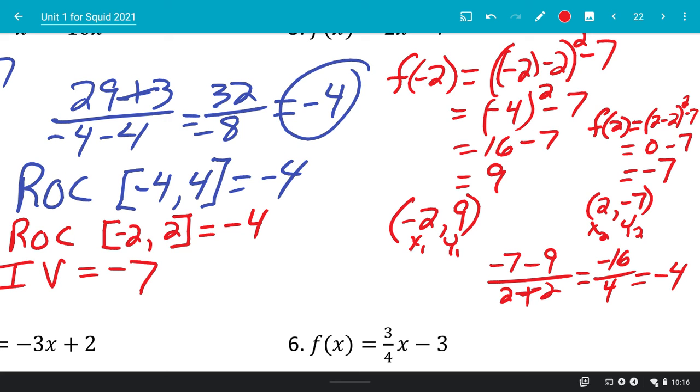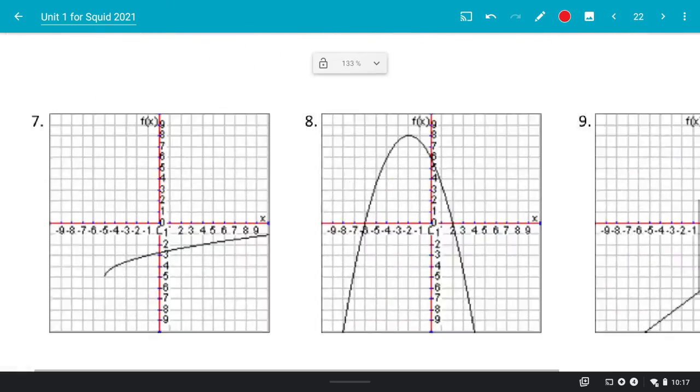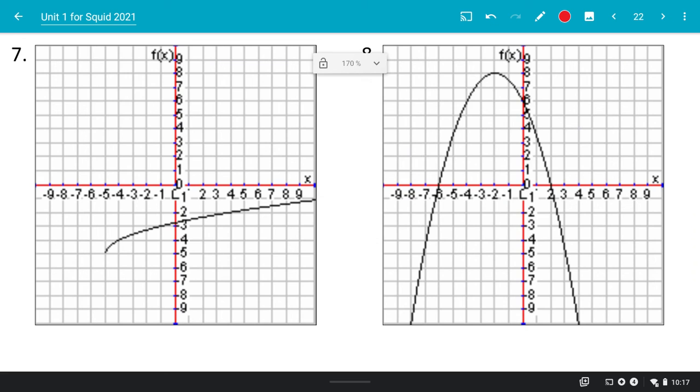We good? I'm almost done. I'm going to do one more for you, because I just want to see the difference between when we deal with points and when we deal with a graph. Okay. All right. Jump down to number 7. The directions are still the same. I have to find my rate of change from -4 to 4.